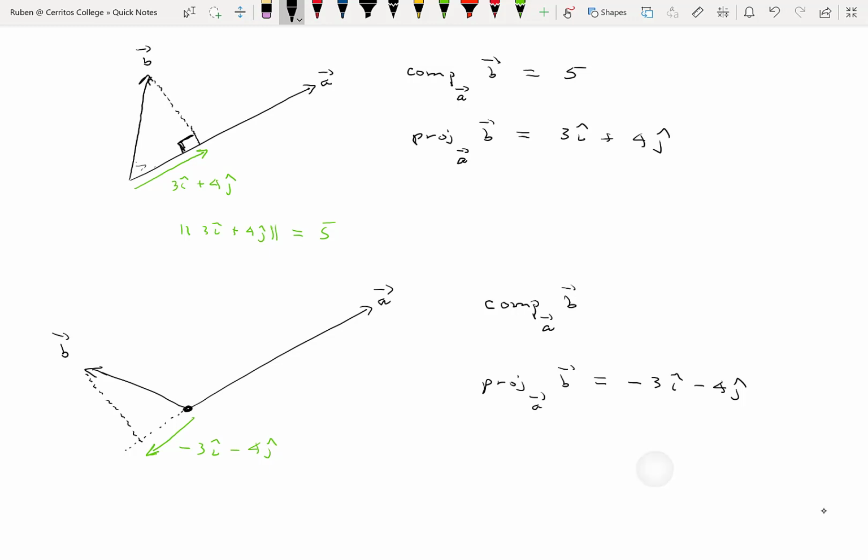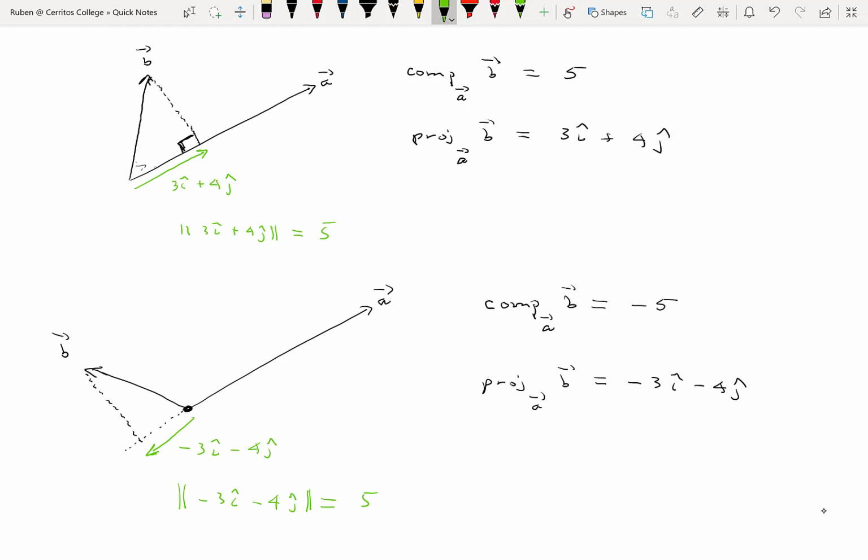Now here's the big difference though. The component is negative 5, even though the length of negative 3i minus 4j is positive 5.